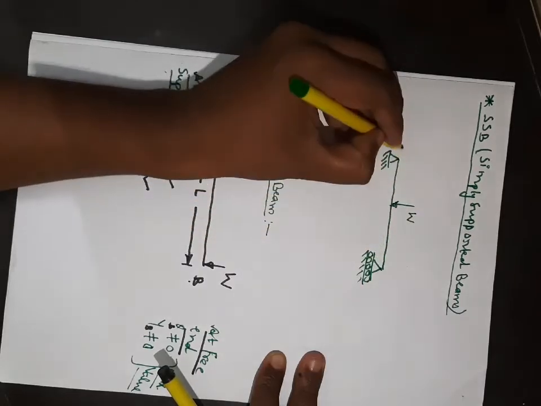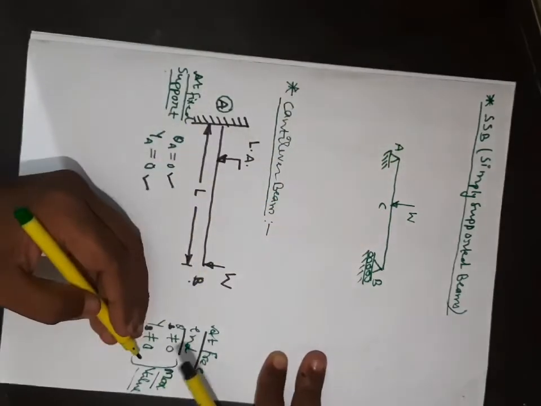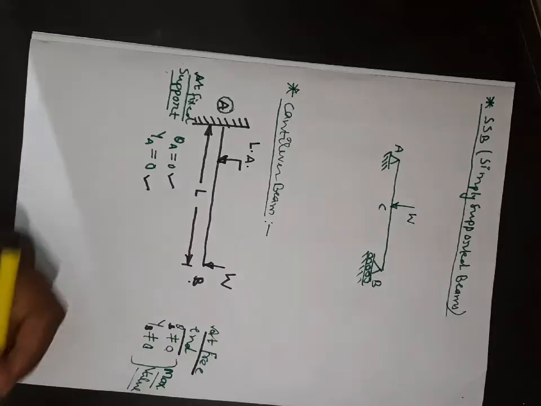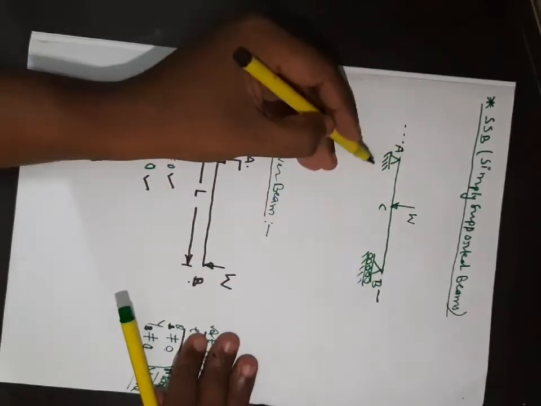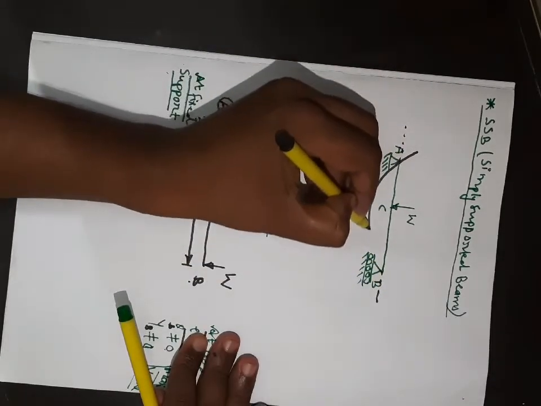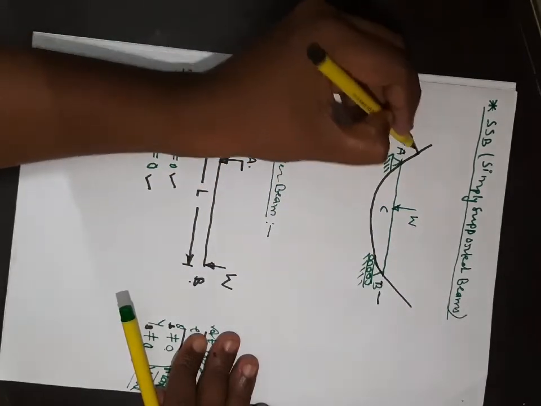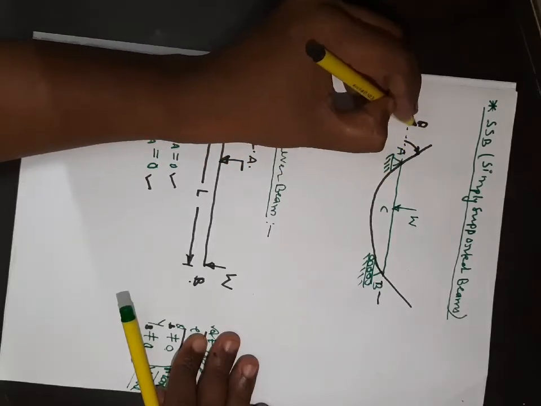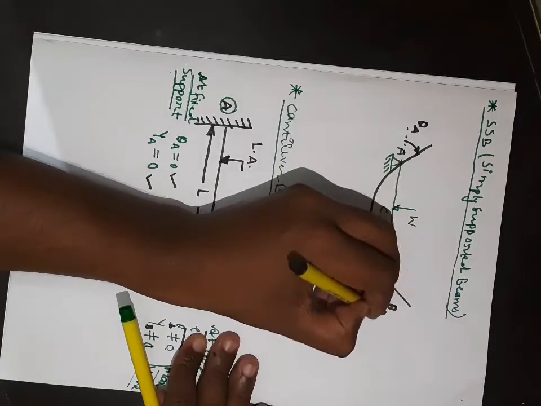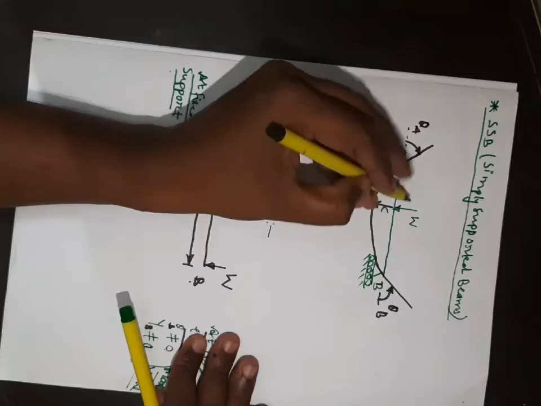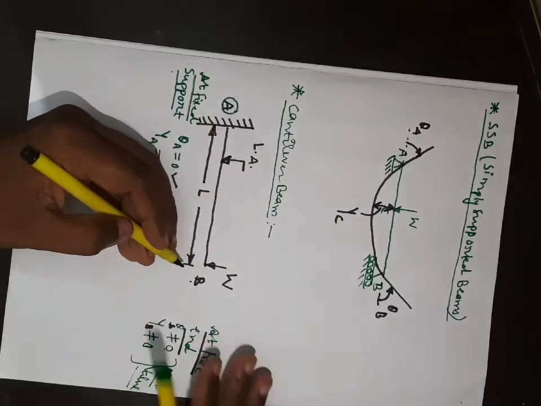Suppose this is a point load capital W, this is A, this is B, and I am assuming this is our point C. I am applying a force capital W. So the axis will deviate like this. This is theta A, this is theta B, and this is the deflection at point C.